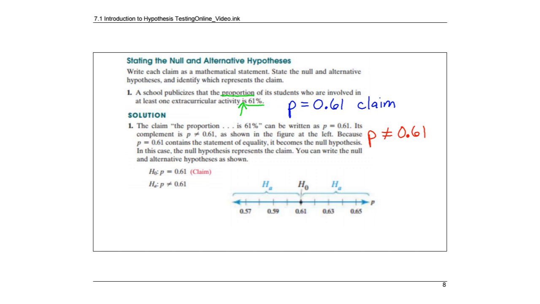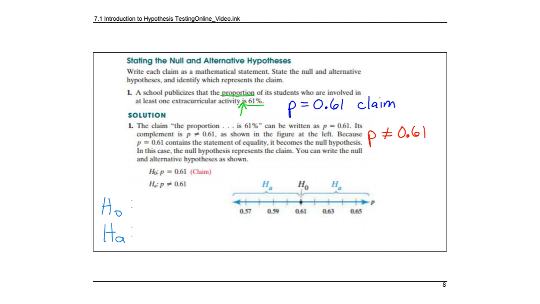All right, so let's set up one of these. It says, write each claim as a mathematical statement, state the null and alternative hypothesis, and identify which represents the claim. Okay, so we know we're going to have a null hypothesis, and we know we're going to have an alternative hypothesis, and we tend to put a colon right after that. All right, so let's read what it says.